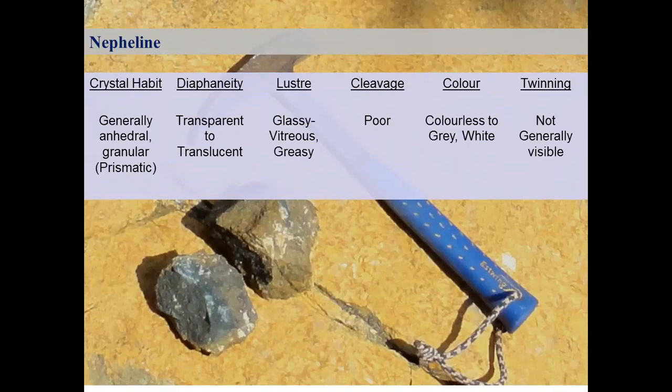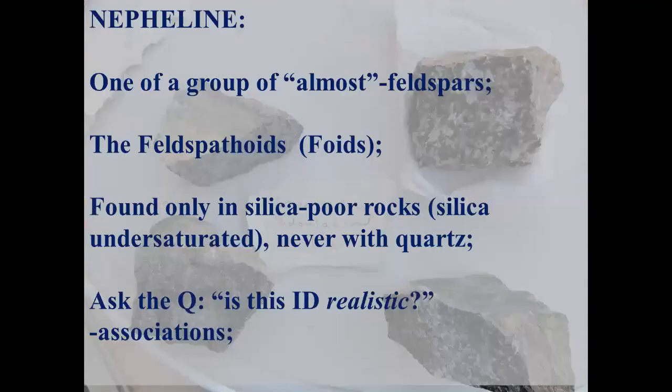Now, what is Nephilim? Well, I like to call it an almost feldspar. It's one of a group of minerals that we call the feldspathoids. Now, I think this is an American term, but a modern term calling them foids. I don't like that. I like to call them feldspathoids because it says something about their origin. They are almost feldspars, and that's exactly what they are. They would be feldspars if you had enough silica in the magma that was crystallizing.